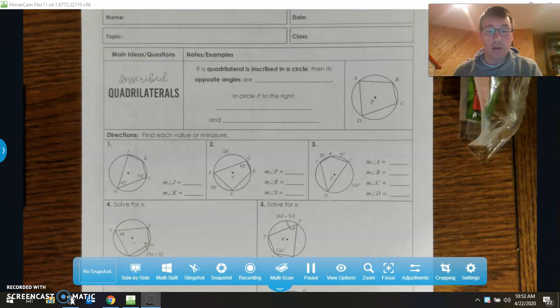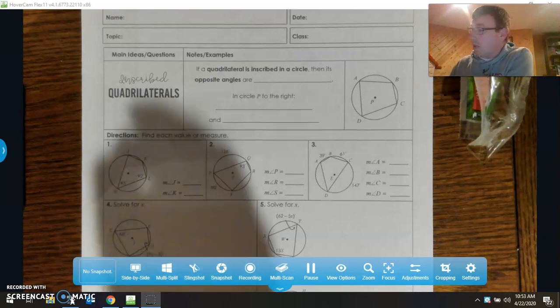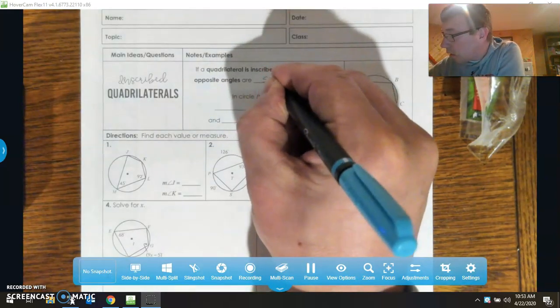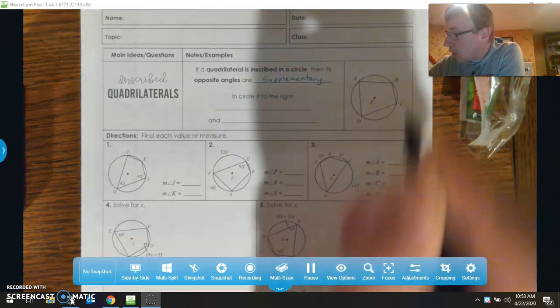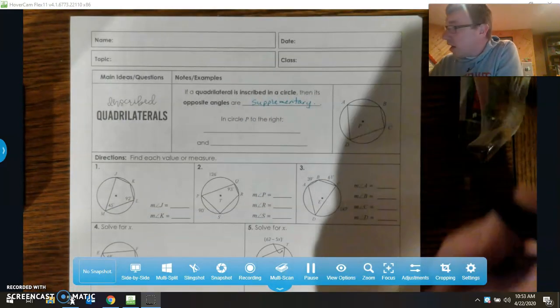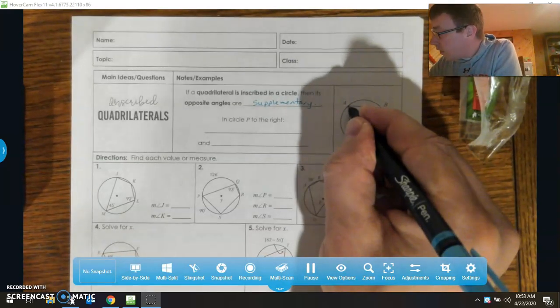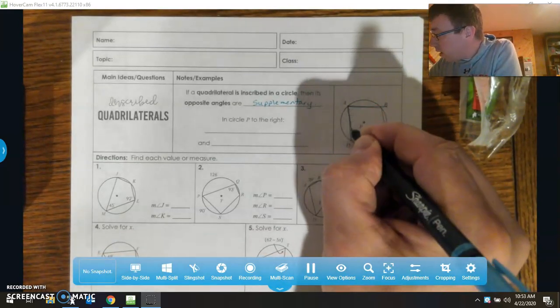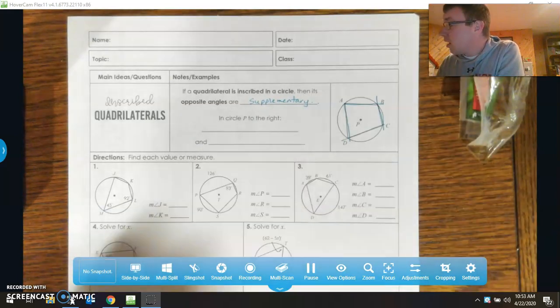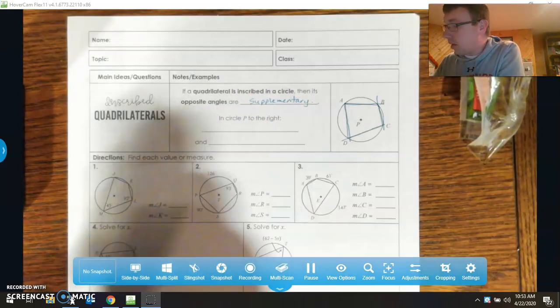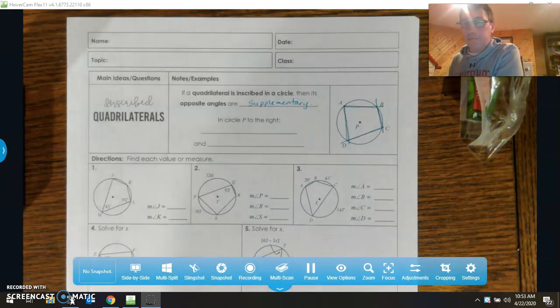Now, if a quadrilateral is inscribed in a circle, then its opposite angles are supplementary. This is because if we just look at angle A and angle C, they intercept the same arcs.